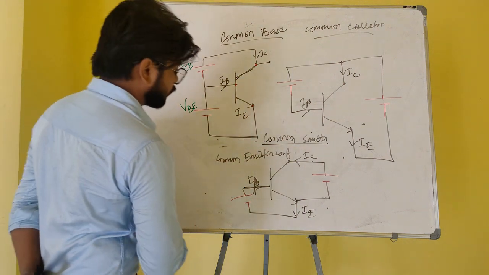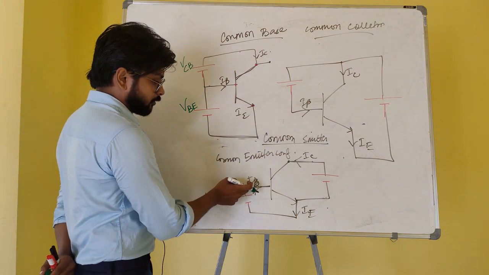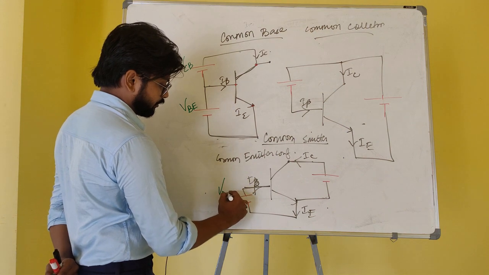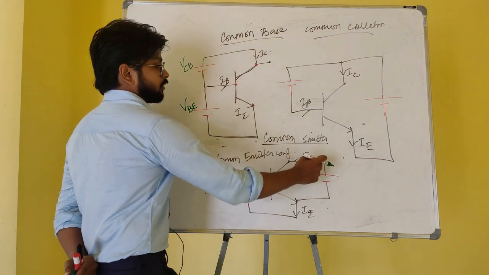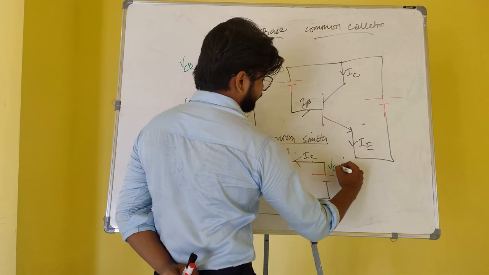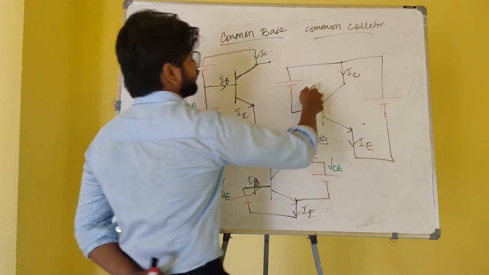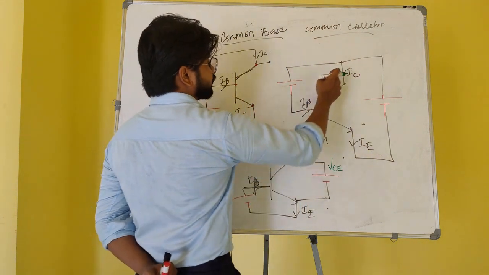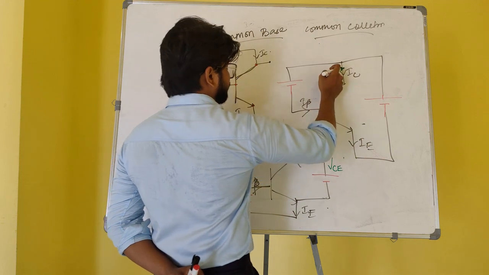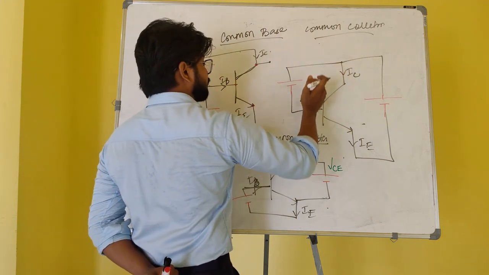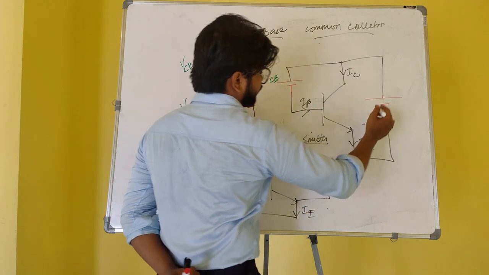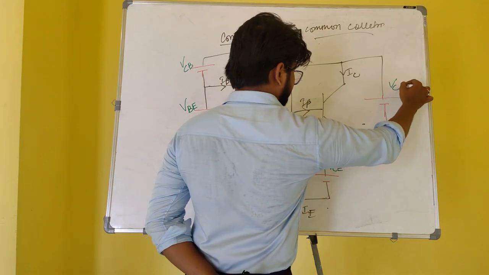Here in the common emitter configuration, it is connected to the base and emitter, so this will be named VBE, and this one connected from the collector to the emitter will be VCE. Here in the common collector configuration, it is connected from the collector to the base, therefore it will be VCB, and here it will be VCE.